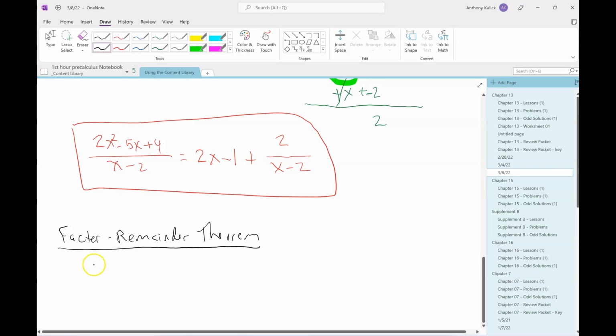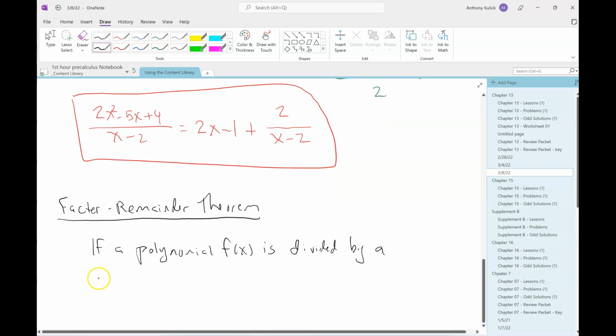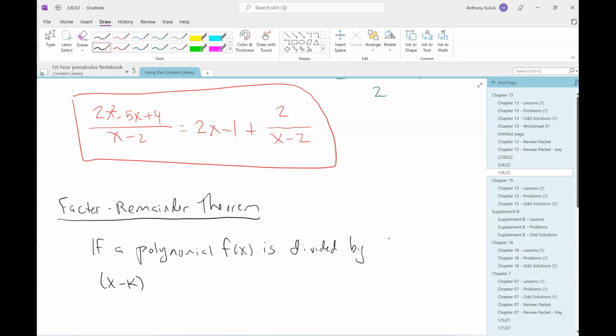And it says that if a polynomial f of x is divided by a monic polynomial, so that's something of the form x minus k, where k is some number. But the key here is that the polynomial you're dividing by has to be degree 1 with leading coefficient 1. That's the key here.